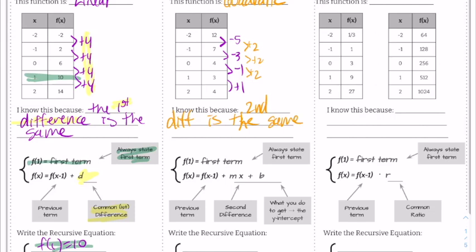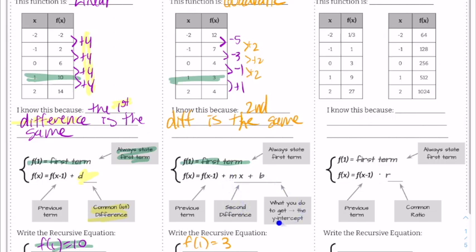Now, when we go to write it, again, with our recursive, we say what the first term is. The first term is the x value of 1. So in this case, our first term is f of 1 is 3. Once we've got that, we're going to look at how we get the next part. This is saying the next one is doing the previous and then plus some linear amount. Remember, your quadratic is always adding a linear portion to it. So the m is your second difference.